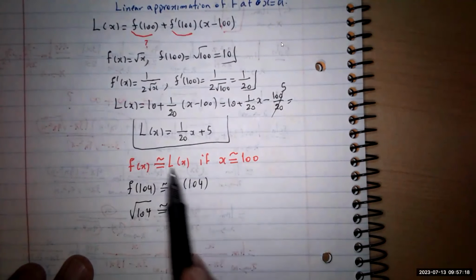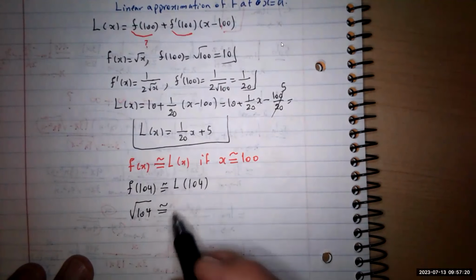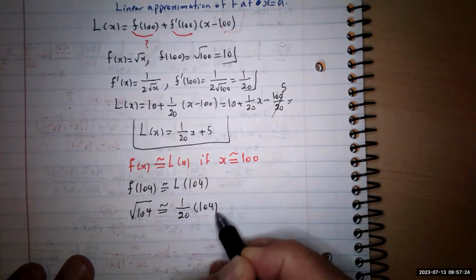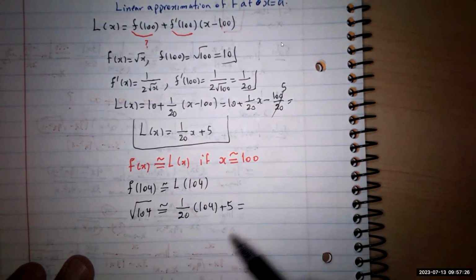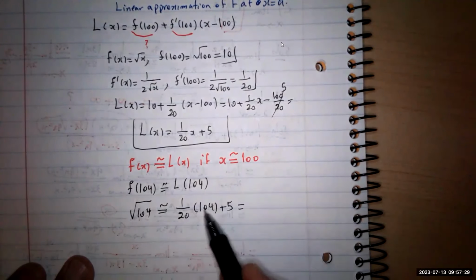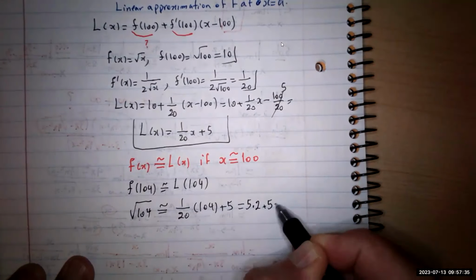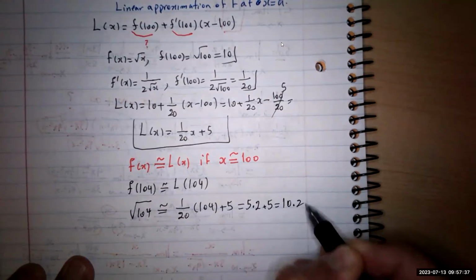L of 104, substitute. So that gives 1 over 20 times 104 plus 5. Simplify it. Simplified by 2, that gives 52, which is 5.2. 5.2 plus 5, which is 10.2.